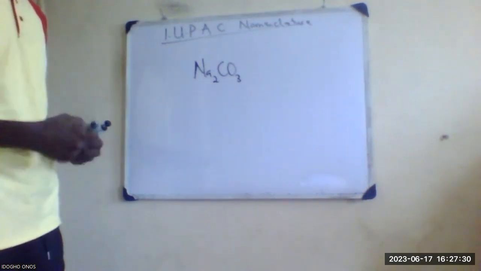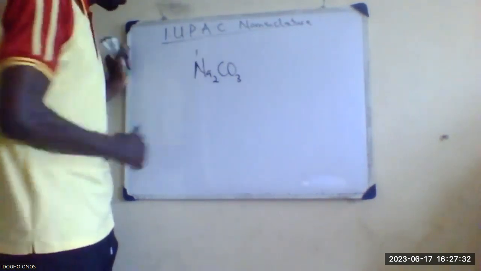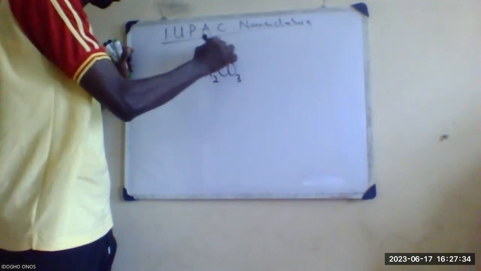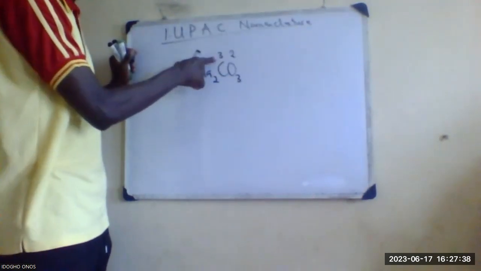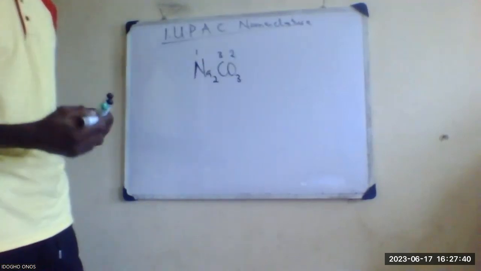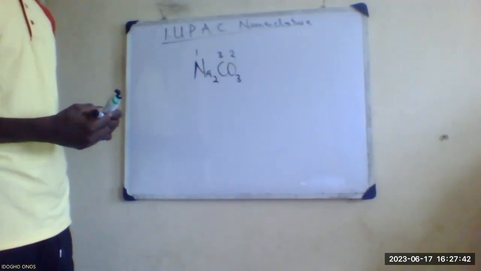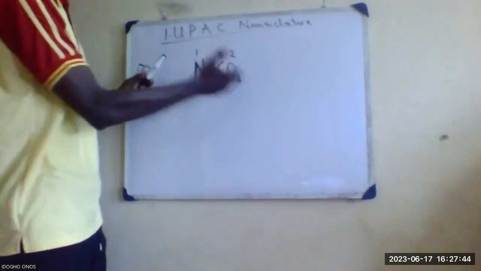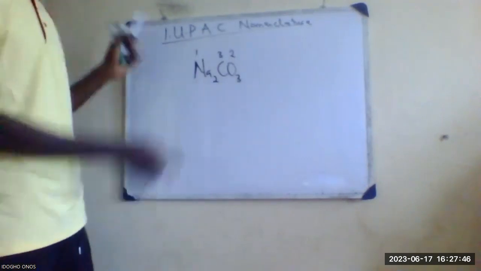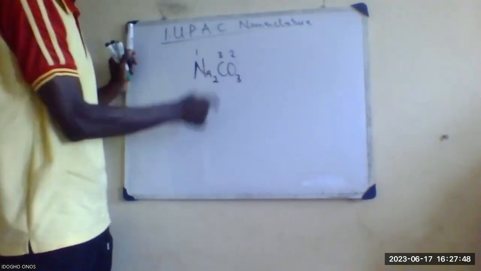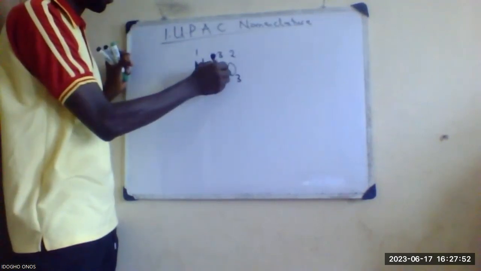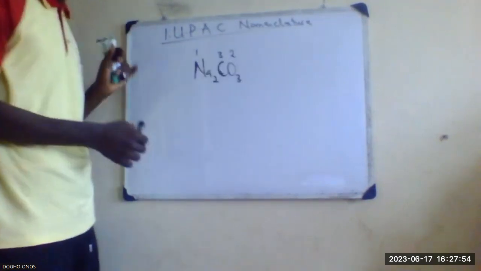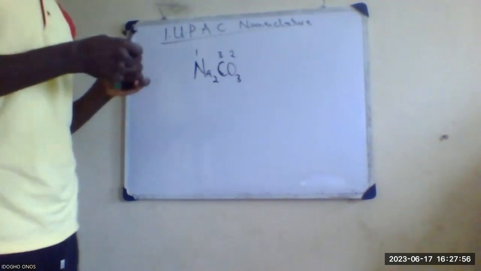The pattern is you name 1, 2, 3, with the oxidation number of the third one attached to the ending of the name. So this is sodium trioxocarbonate(IV). The IV means you calculate the oxidation number of carbon and add it to the name. So that is for inorganic compounds.